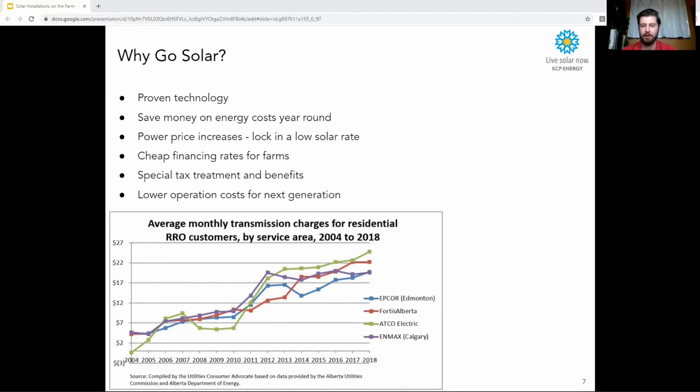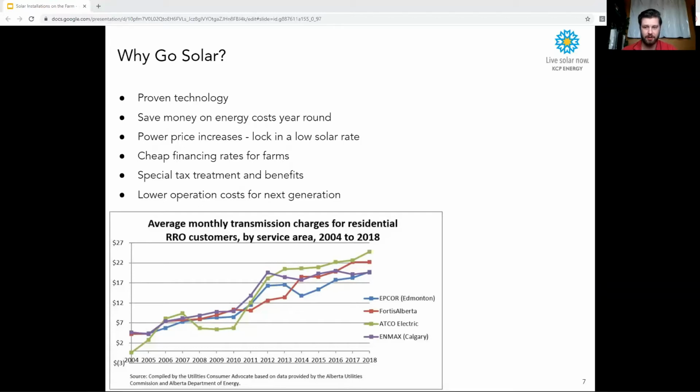The reason those low interest rates are really appealing for solar energy systems is that when you look at taking out a loan for maybe 10 or 15 years to pay off the system, often the amount of energy you're saving per month is more than you have to pay to finance that system.